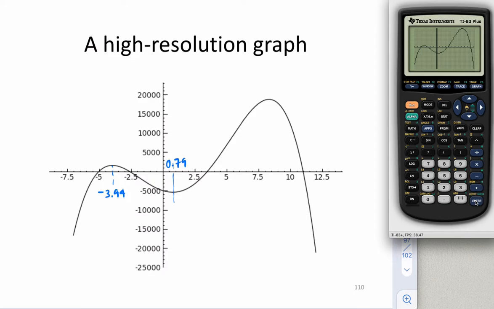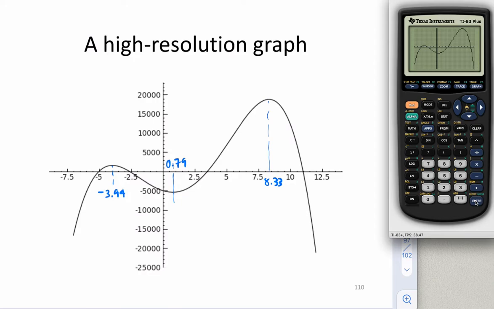And the local maximum right here, which happens to also be the absolute maximum of this function, is at 8.33. So we know those points. And so roughly, look at this graph right here.